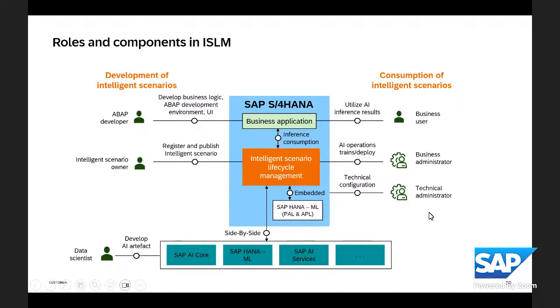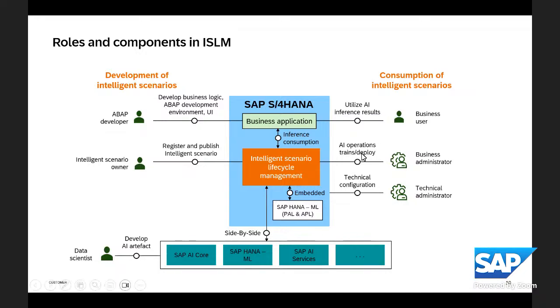They would be responsible, for example, for setting up some technical configuration. It could be setting up connectivity between the intelligent scenario and, for example, the generative AI hub, the AI core service, or any of the AI services, and so on.